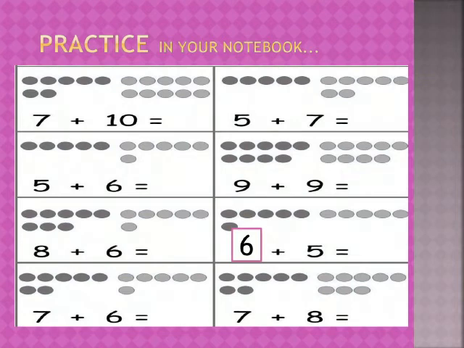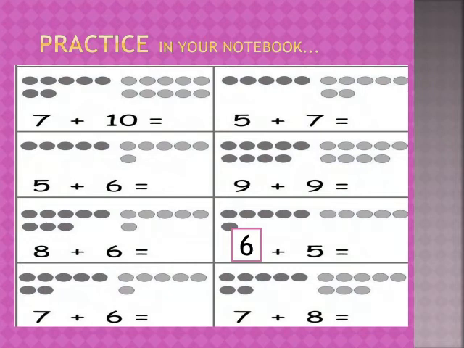Now children, there are certain number of addition questions given here and we are going to take the help of the circles to add. So we'll count and add. So there are 7 circles and 10 circles. So 7 plus 10. How will you get the answer?